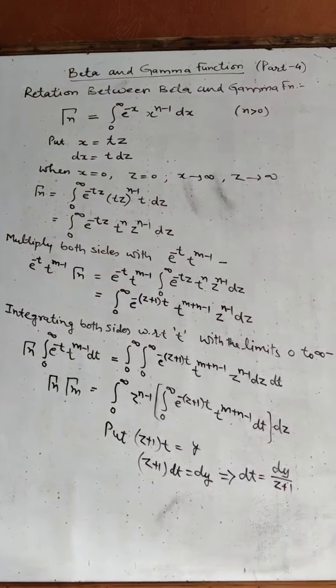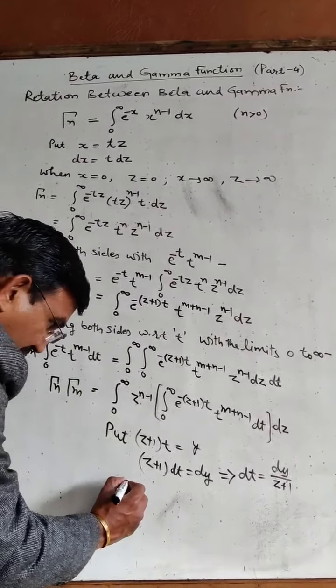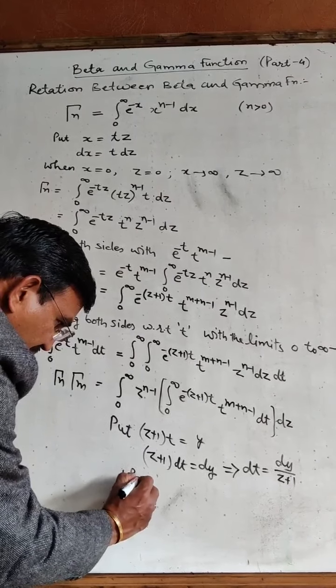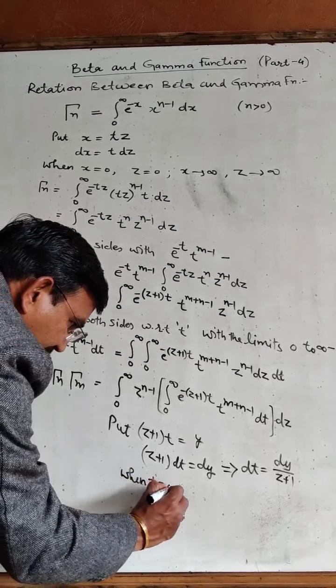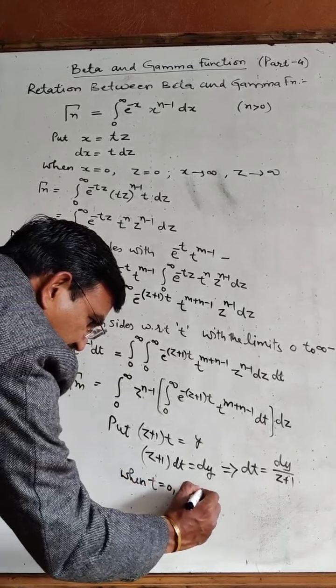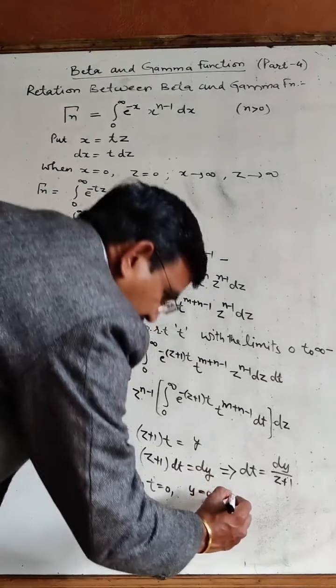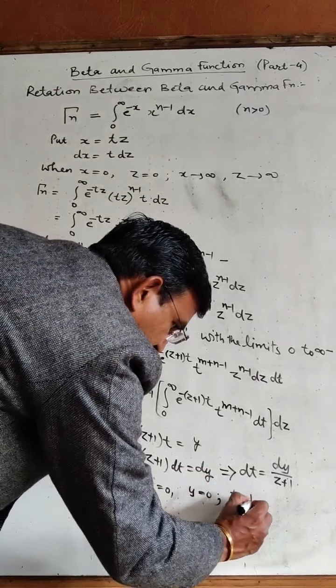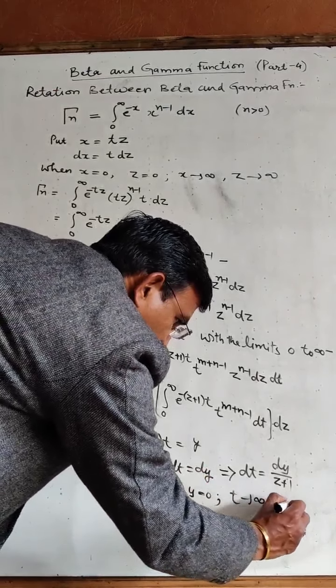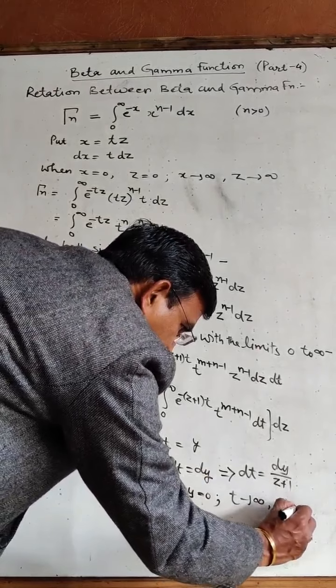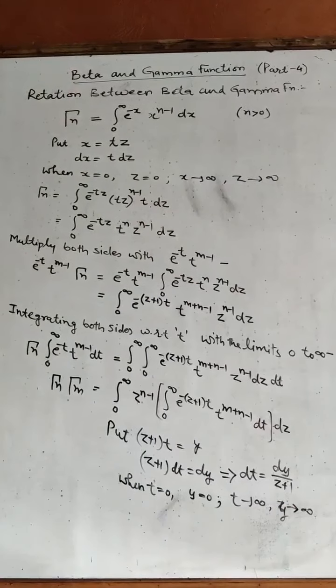Again, if we find the limits, when t is 0, y would be 0, and when t tends to infinity, y would also tend to infinity.